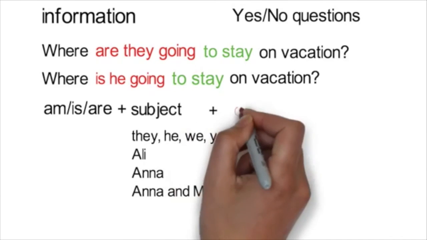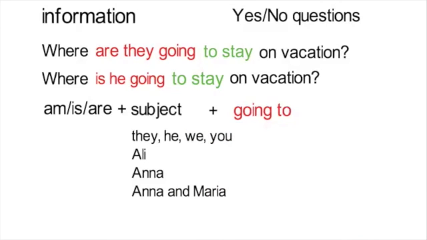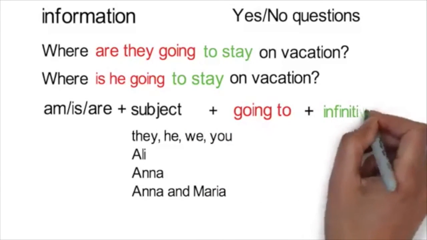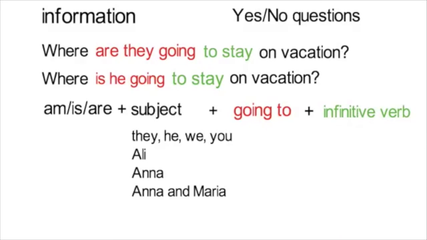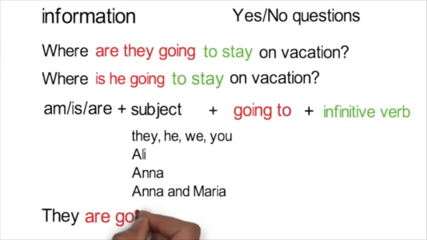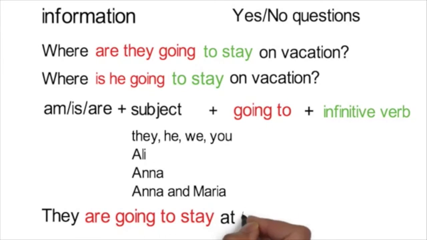The next part is going to plus an infinitive verb, such as stay, like in the above questions. Answers to these questions might be, they are going to stay at the Hilton Hotel, or just simply the Hilton Hotel. The point is that the answer is information, not yes or no.